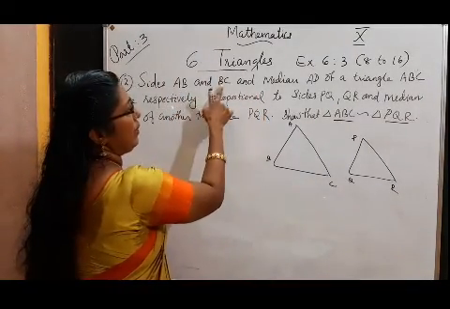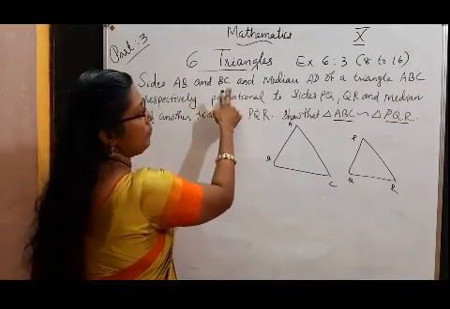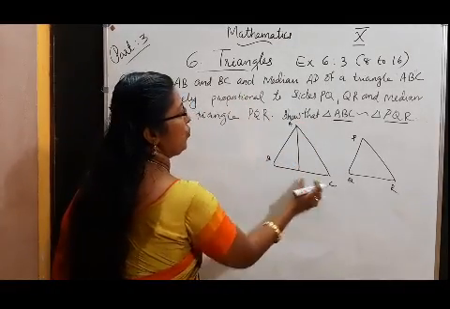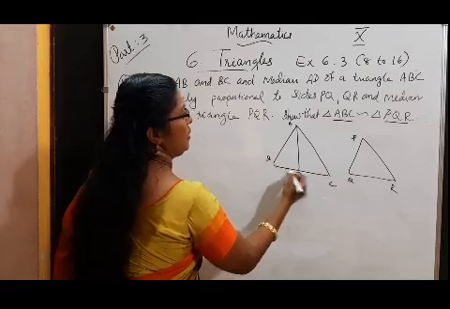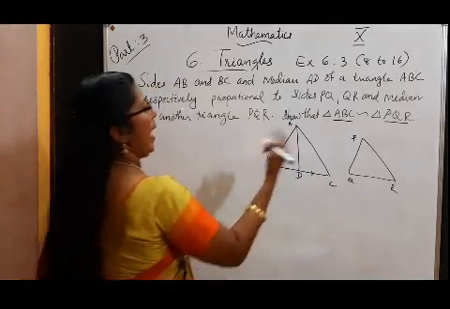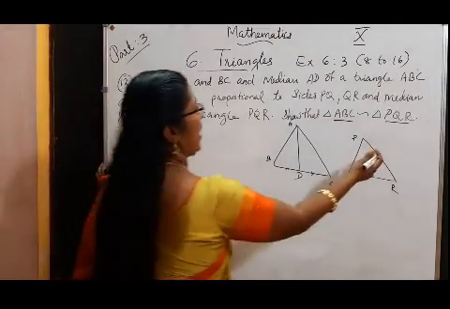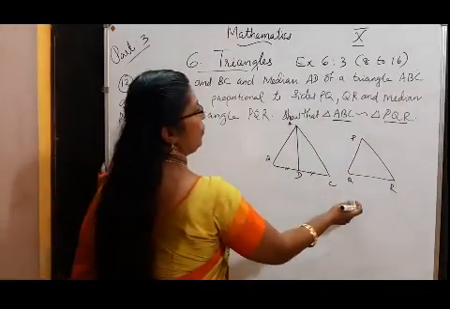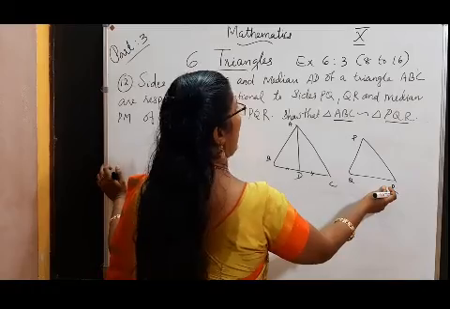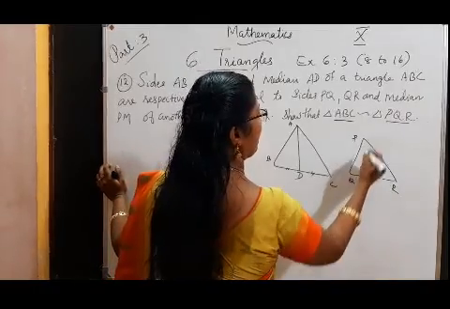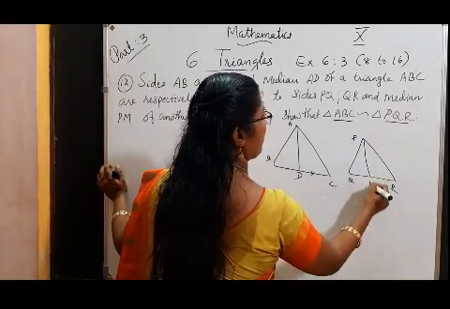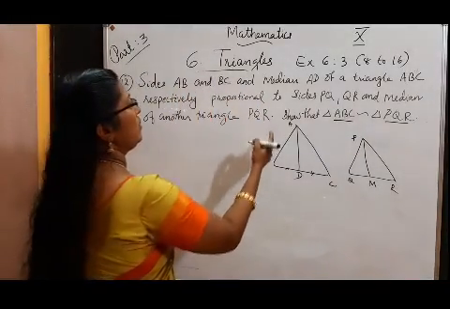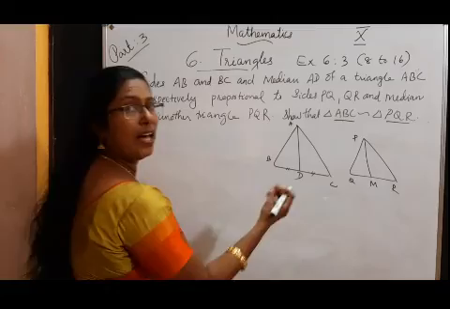AB and BC and median AD. A median divides the side into two equal parts. In the next triangle, the sides PQ, QR and median PM are proportional.